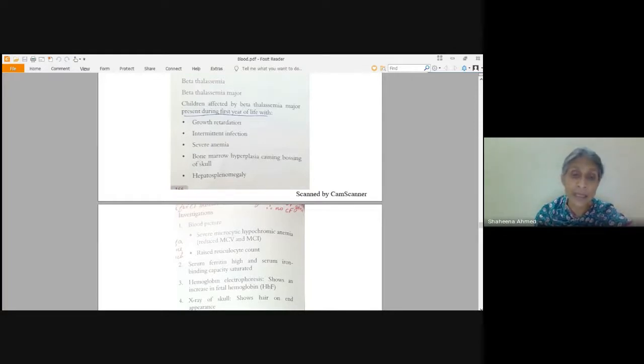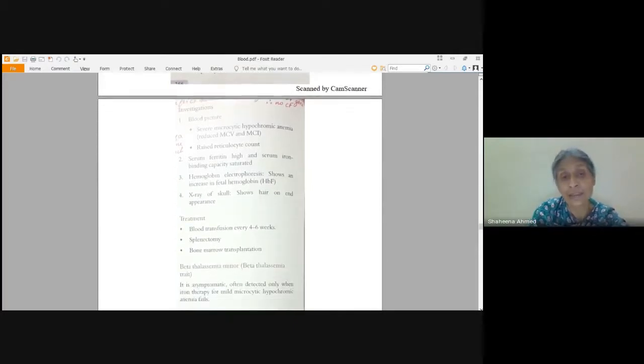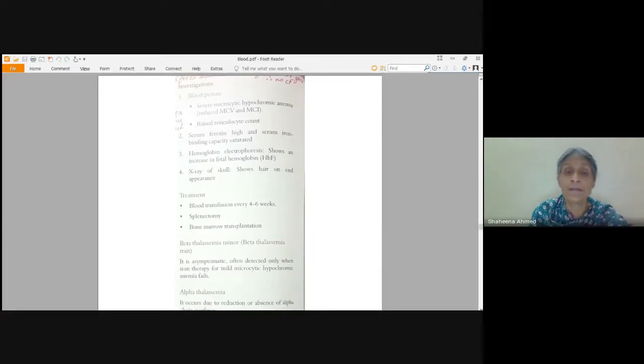You will see hyperplasia in the bone marrow. You will also see bossing of the skull, and you will encounter hepatosplenomegaly.